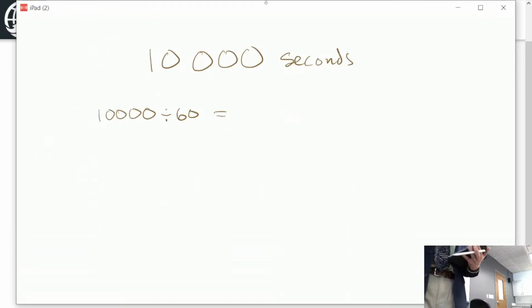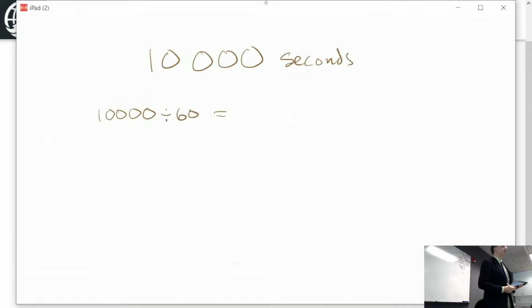However, if you're not sure how to convert seconds to hours, minutes, seconds, let me show you. First, I'm going to divide by 60, which figures out how many minutes there are in that many seconds, because there are 60 seconds in a minute.